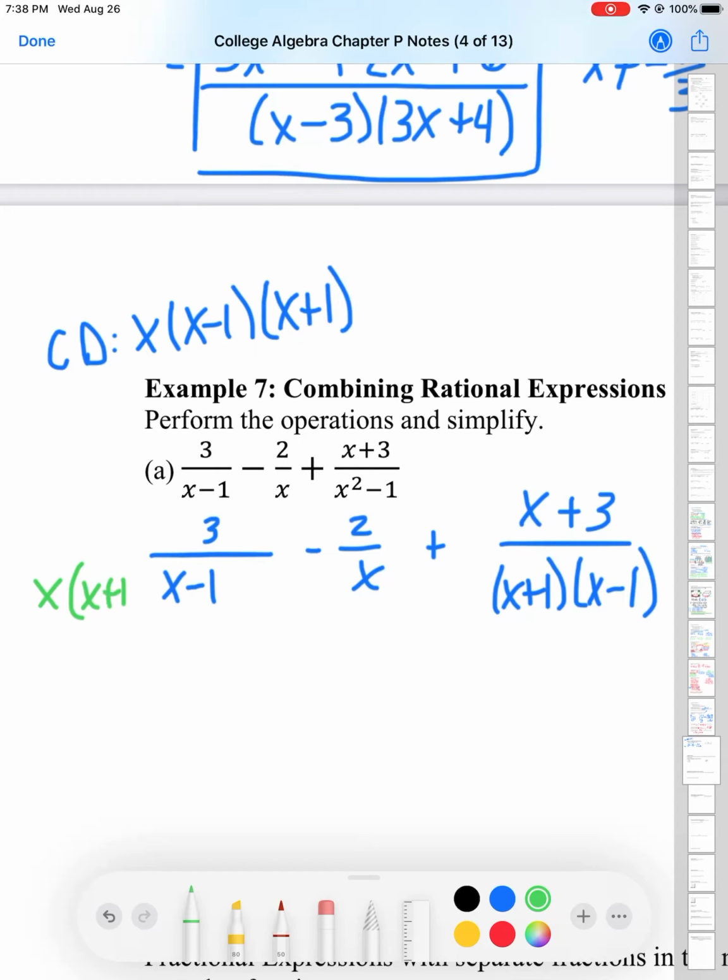So what I need to do is multiply each fraction by the pieces I'm missing. So on this first one, I need to multiply by x times x plus 1, top and bottom. On this one, I need to multiply by x plus 1 times x minus 1. And on this one, I just need to multiply by x.